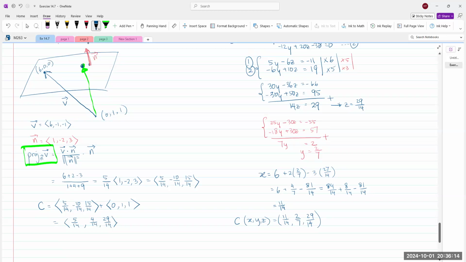I have an issue with this. Only this part is not the same. Let's see. Did I compute it incorrectly? 14 times 6 is what? 84. That's correct.